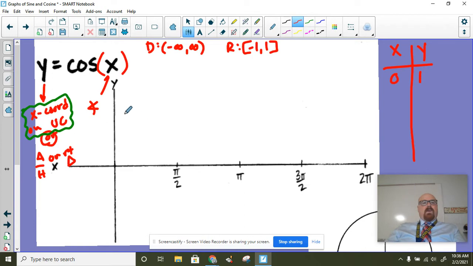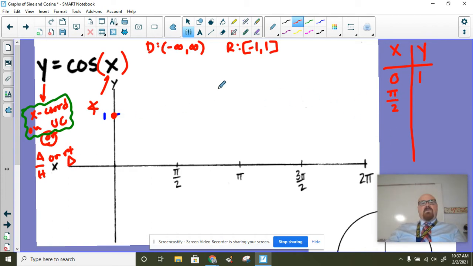That would be 1. So the output at 0 radians is 1. So our first point in a cosine wave is at its maximum, what we say its maximum displacement. It starts with a max, right? As opposed to sine, which starts at an intercept of the midline. So we're starting up here.